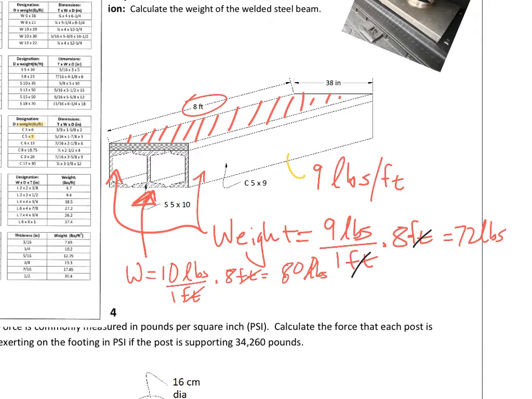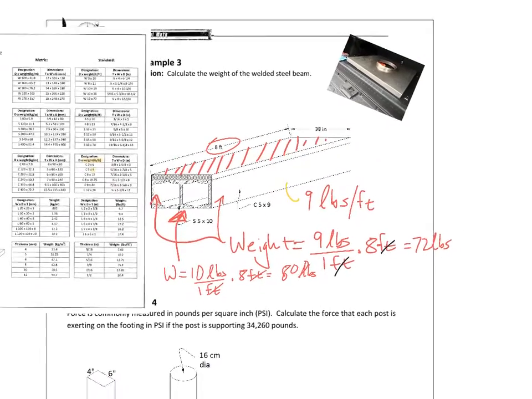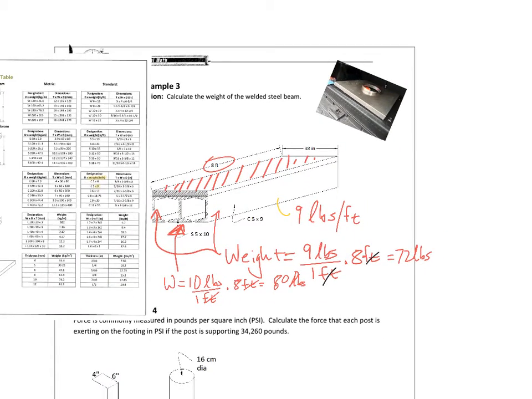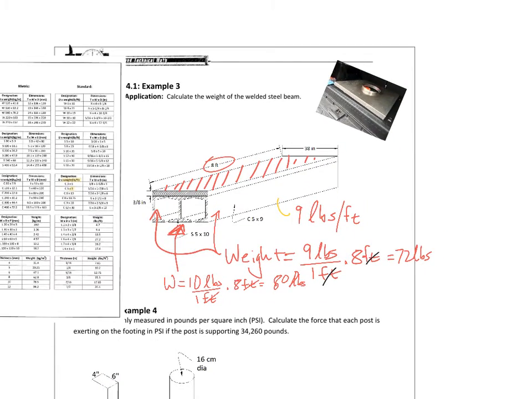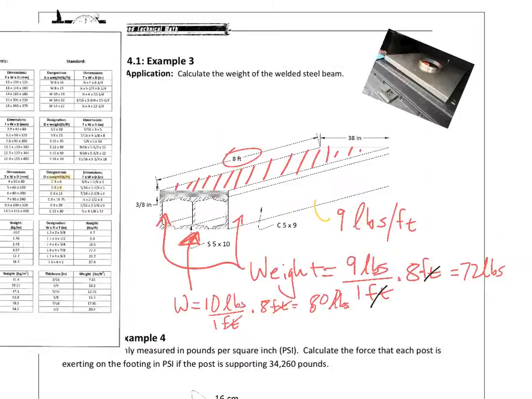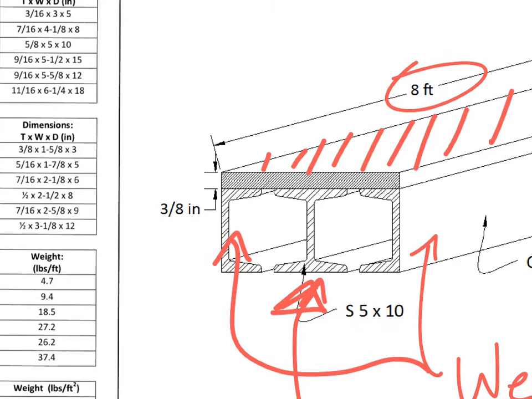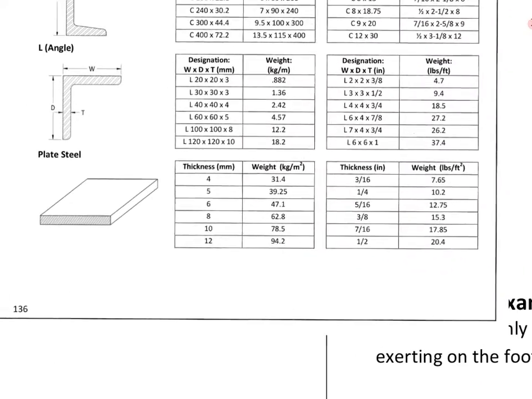But the weight of this plate, now we got to find out. It's 3/8, so that's important there. See that? So this is 3/8 inch thick. So let's go look at our plate steel.